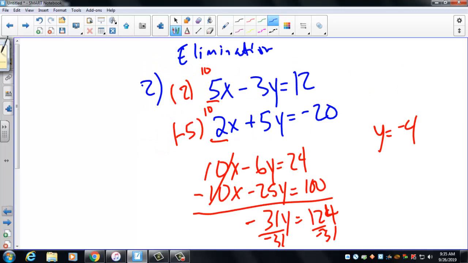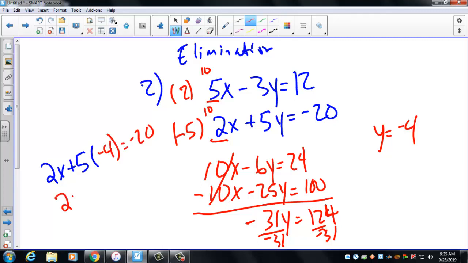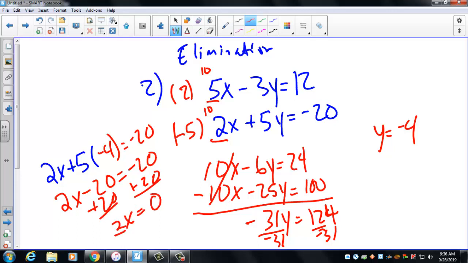All right. Now, in this case, plug in y is negative 4. So we got 2x plus 5 times negative 4 equals negative 20. 2x minus 20 equals negative 20. Add 20, add 20. 2x is equal to 0.